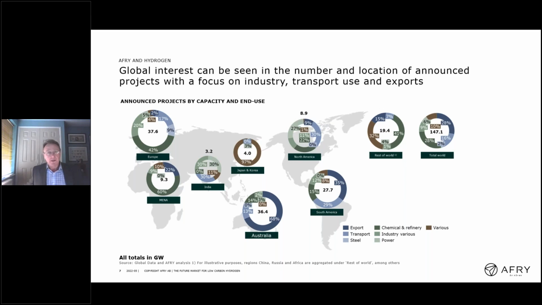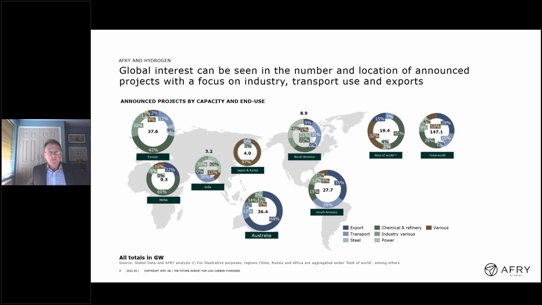It won't all make it through to FID and implementation, but you can see here the level of interest in hydrogen and other derivatives globally. And in particular, we see a lot of projects announced looking at industrial end use, transport, but also at exports. And we see some key regions emerging as potential export regions, focused on Middle East, North Africa, Australia, as well as South America, and particularly countries like Chile.